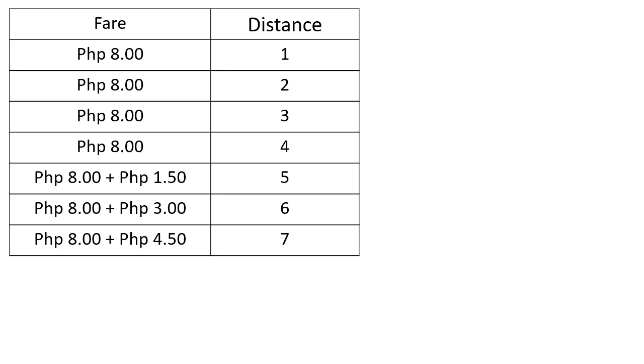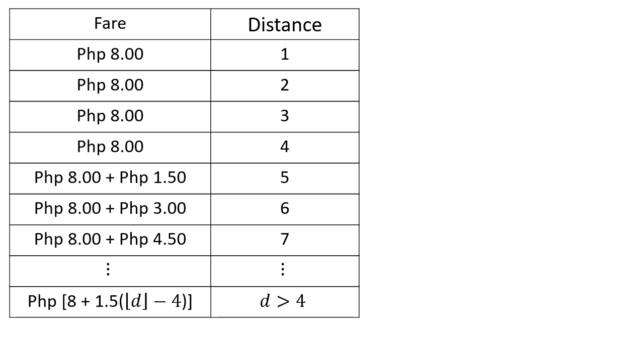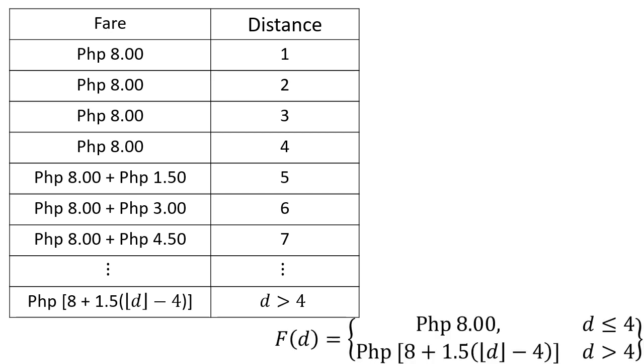Kaya yung magiging piecewise function natin as a function of d, which is the distance in kilometers, is 8 plus 1.5 na dadagdag times sa bawat kilometer na lalagpas sa 4, pero naka-floor function si d because ang sabi sa problem is for every integer lang madadagdagan. Integer kilometer lang madadagdagan ng 1.5. Kaya ang piecewise function natin is merong floor function.